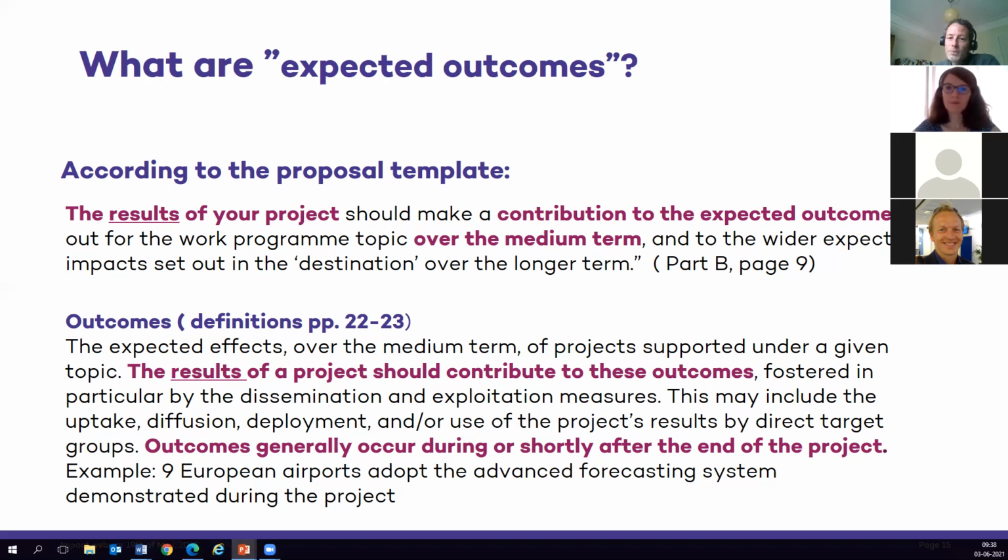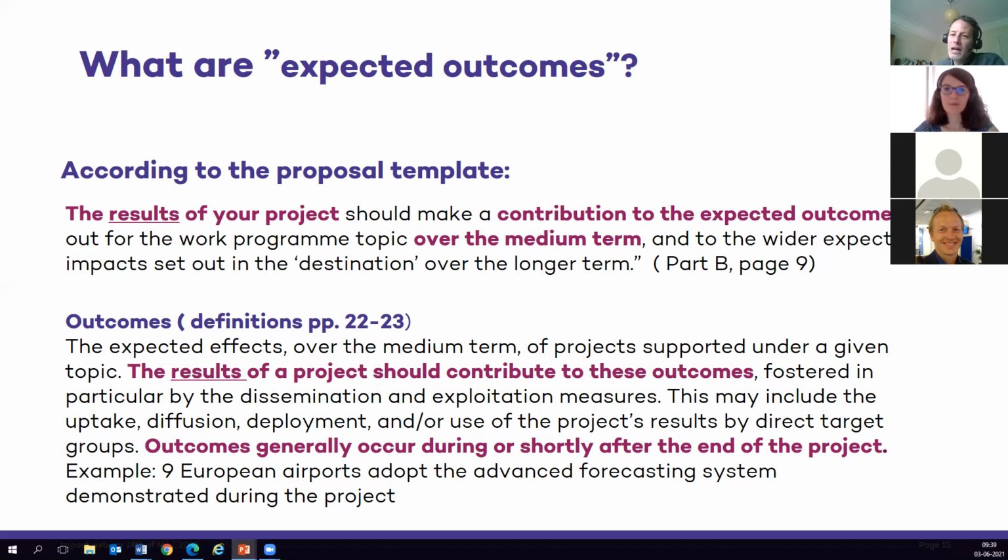So that's the first point. It depends on how the expected outcome is defined. And then, as I said, it also depends on your project, because it's clear that some project ideas or designs will allow applicants to deliver on certain outcomes faster than others.